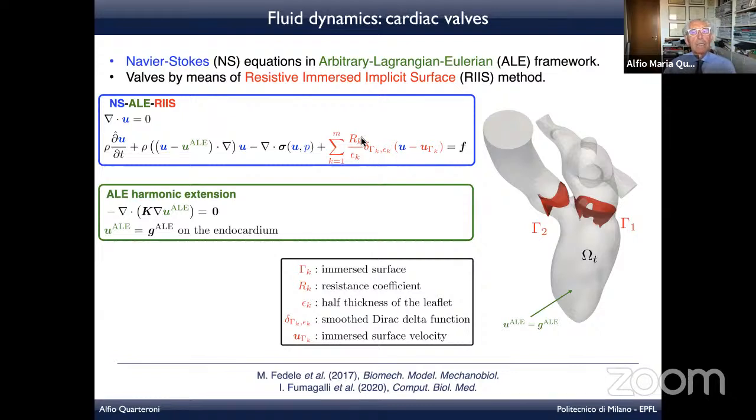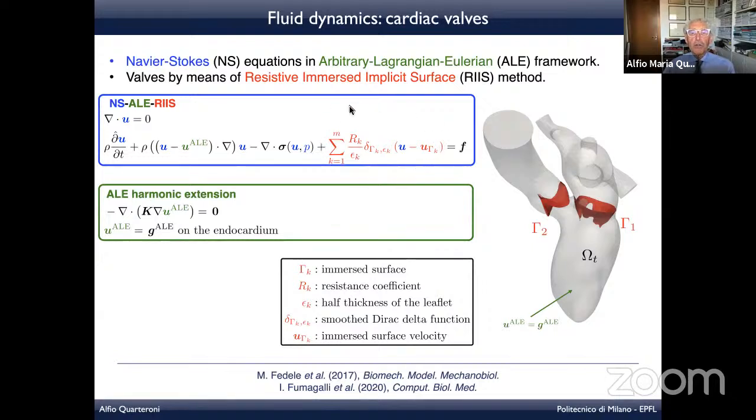What we see here is a kind of intermediate approach between the most complex approach and the simplest one, which is simply based on reconstructing the shape of the valves during the heartbeat. So this consists in injecting a modification in the momentum equation of Navier-Stokes equation, say.